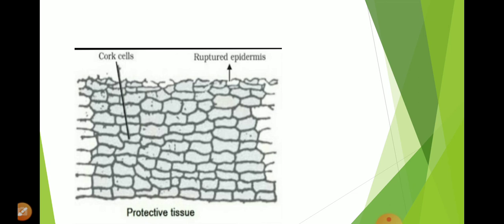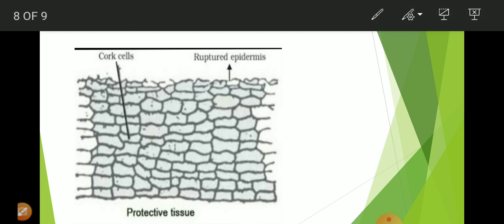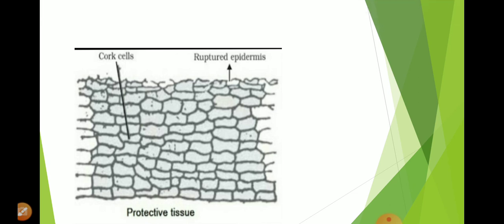Browsers are those cattle which eat or browse the grasses. Next, it is multi-layered and has suberin, so it helps prevent the loss of water by evaporation. And the lenticels present here are responsible for gaseous exchange. So this is the function of the cork cell or the protective tissue.